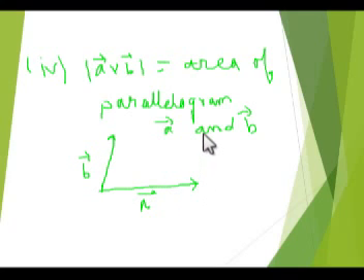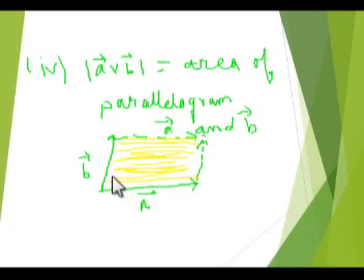Then this area is just the modulus of the vector product of the two vectors. If you first calculate the vector product of the two vectors A and B, and then find the magnitude, you will find the area of the parallelogram. The modulus of the vector product always represents the area of a parallelogram.